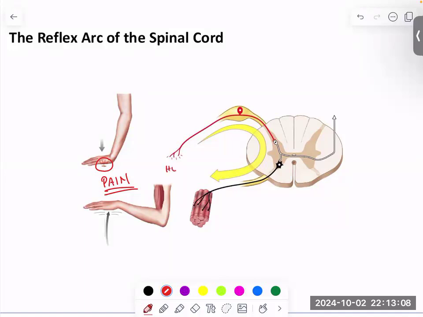So if you have extreme heat or injury, it's going to send a pain signal to your spinal cord. But it's going to recruit a special neuron. This neuron is going to split. One pathway is to the brain. The second pathway is to recruit a motor neuron.